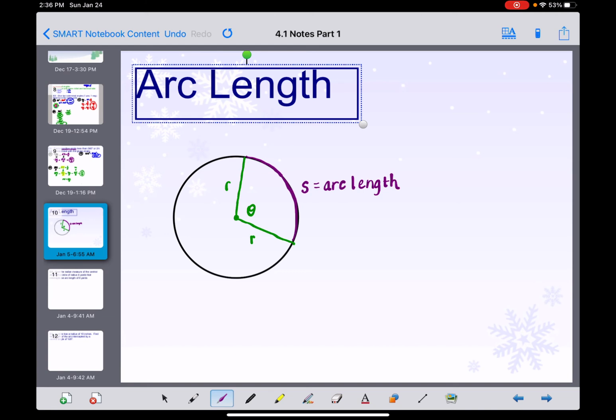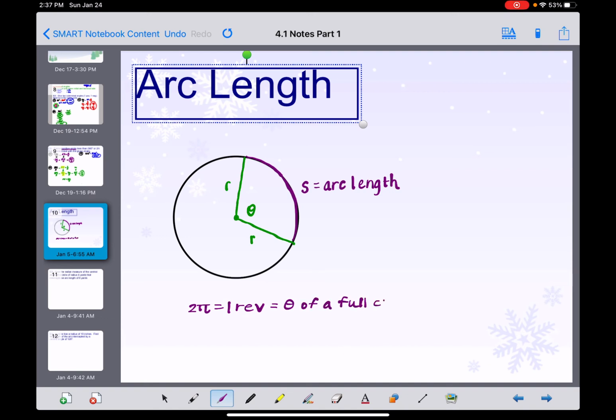So we'll use that. The way that we find the arc length does have something to do with circumference. Remember, circumference is all the way around a circle. And I told you that circumference was 2 pi times the radius. That's because 2 pi is equal to 1 revolution all the way around, so it's equal to the entire theta of a full circle.